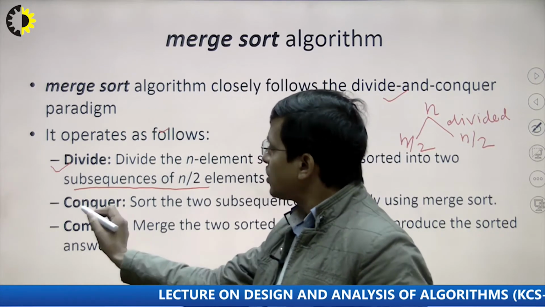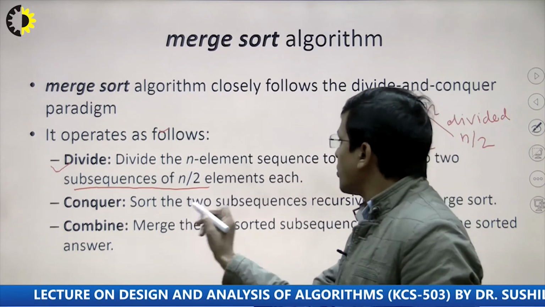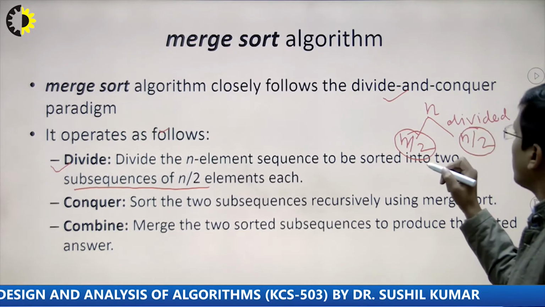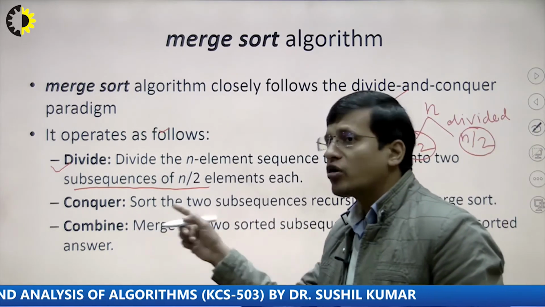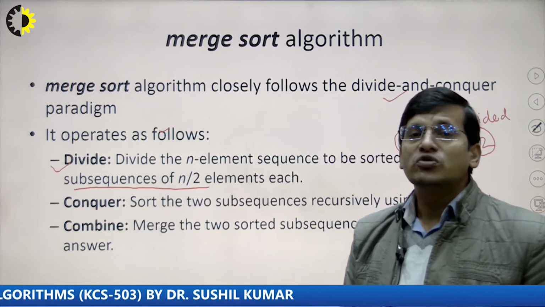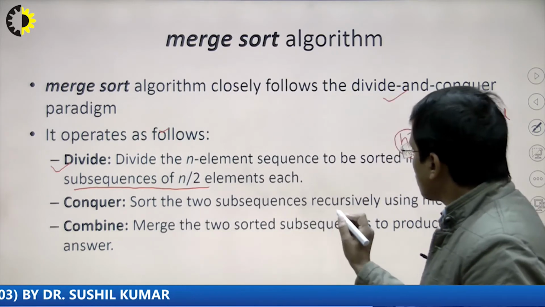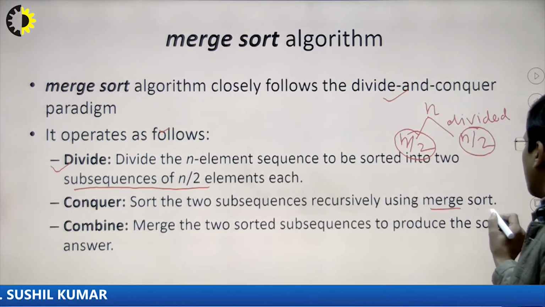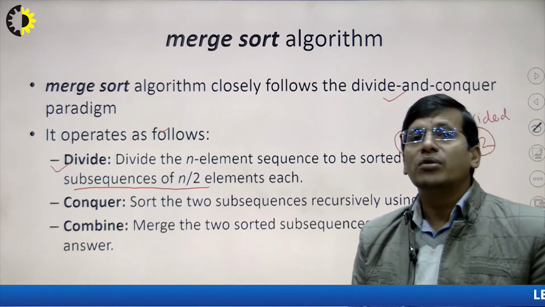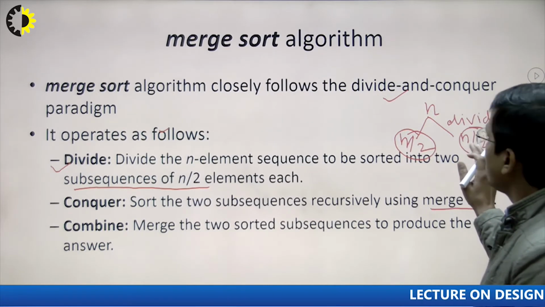The second one is the conquer strategy. This means we are going to sort the two sub problems of size n by 2 by using the conquer strategy, and we already know that the conquer strategy is a recursive approach to solve the sub problems. So the conquer strategy sorts the two subsequences recursively by using merge sort, calling merge sort again and again on n by 2 elements and also n by 2 elements.